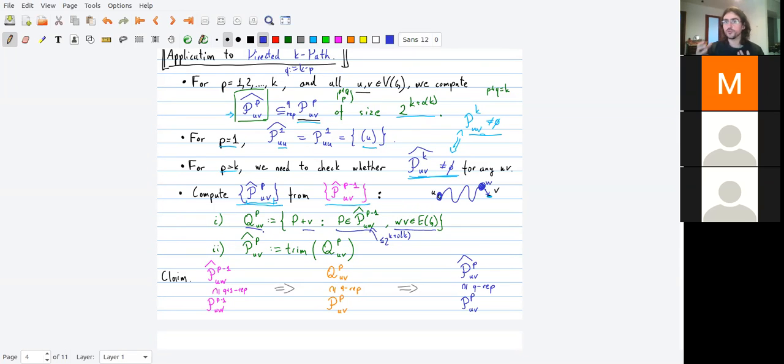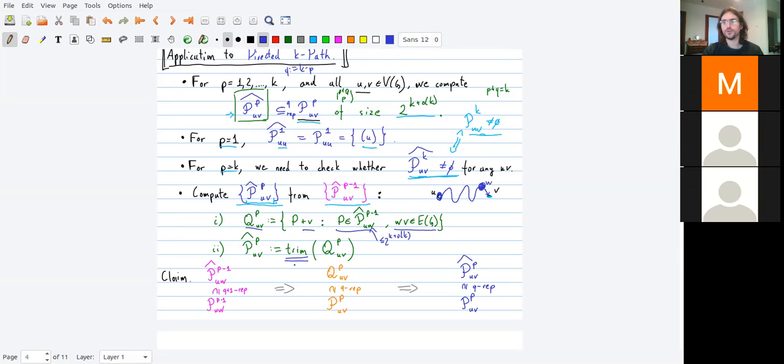because I just concatenated a bunch of representative families, so the resulting family Q for u, v, p may be slightly too large. But then I have this procedure of computing a representative subfamily. Let's call this procedure trim.